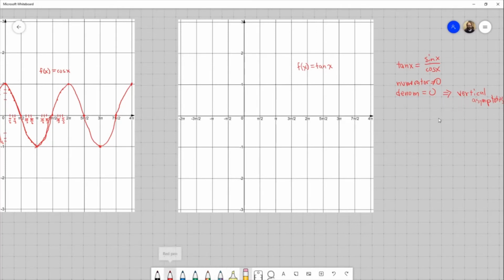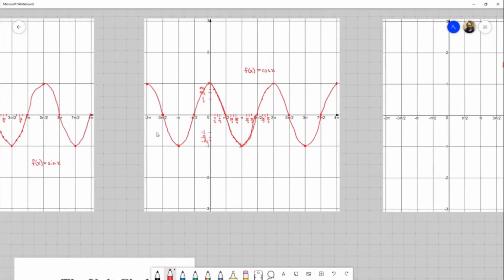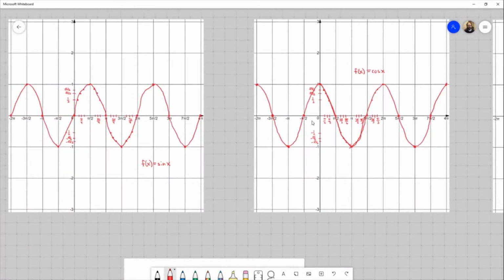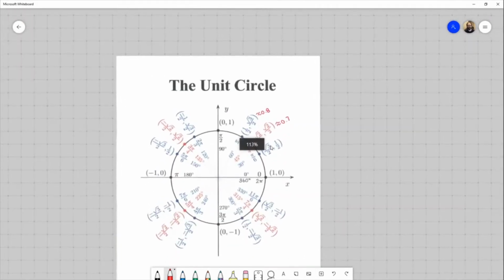So we just saw that our sine and cosine graphs had the same shape, but one is shifted a different way. The point being that wherever cosine is 0, sine is going to be a different number. Or you could think about it another way with the unit circle.